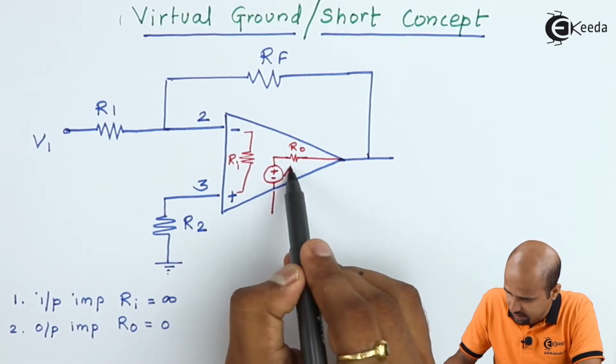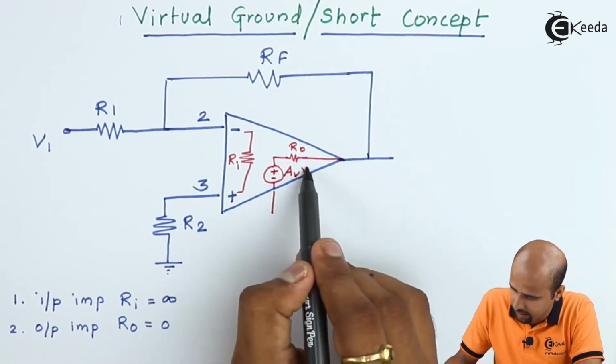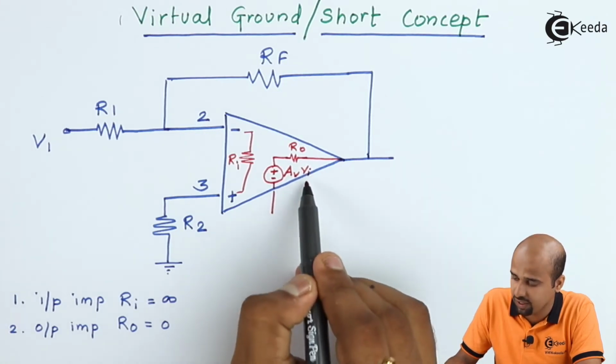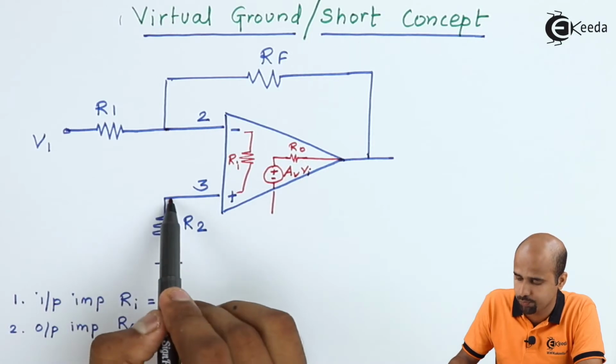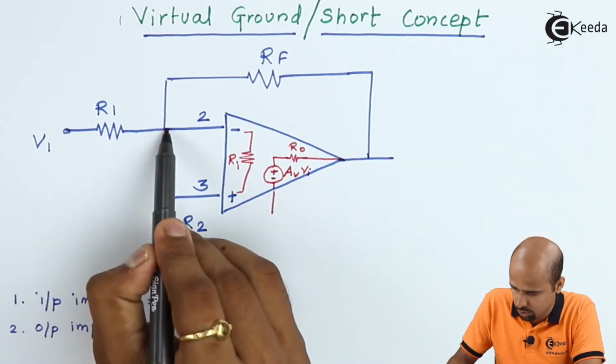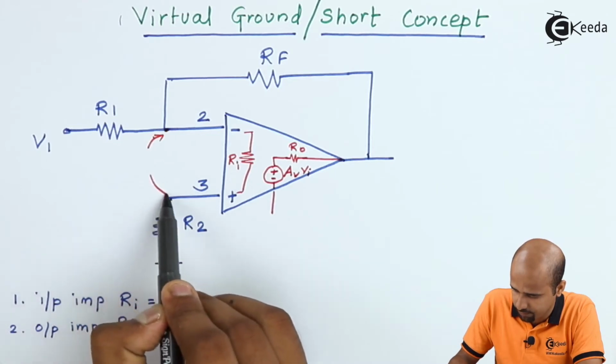Here I can name this as AV multiplied by VI. That VI indicates the difference between these two voltages.